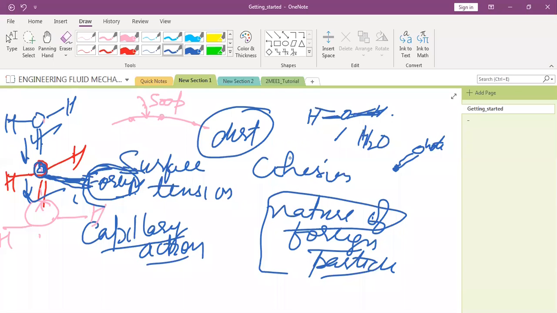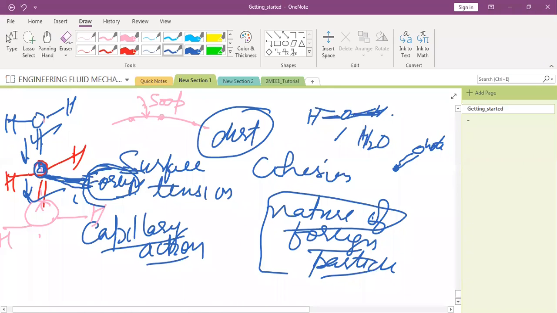When you wash your hands with soap, the surface tension is reduced, and the foreign molecules on your palm can actually get attracted to those surfactant molecules, and in the process they get washed away from your hand. And that's why we wash our hands very frequently in these COVID times, so that any molecule or any kind of virus on our hand can get away, since the surface tension force is reduced due to the soap.